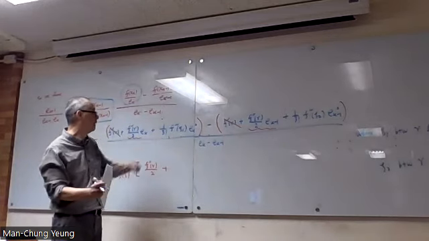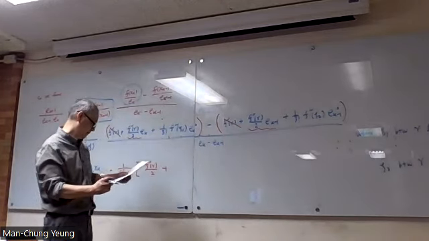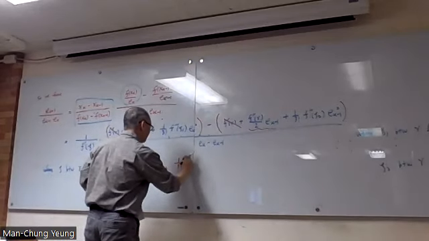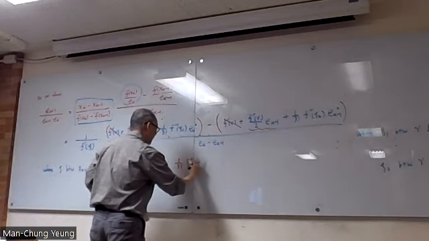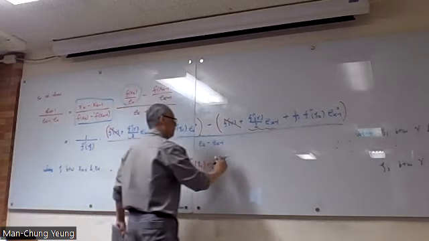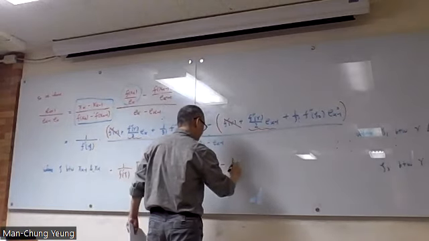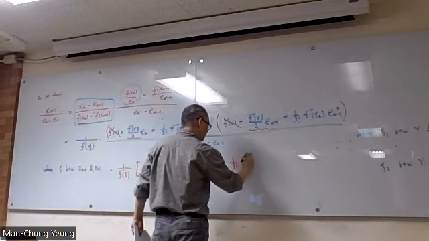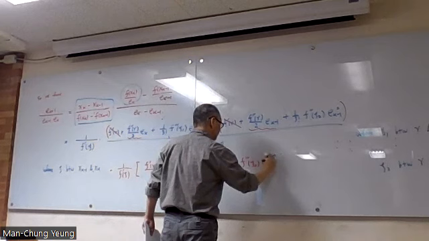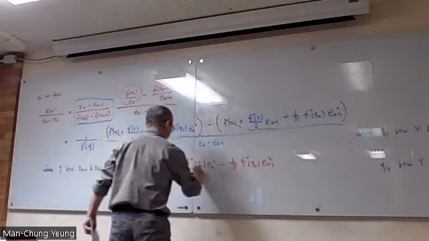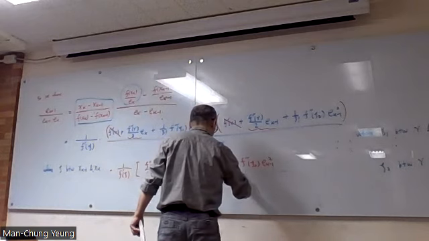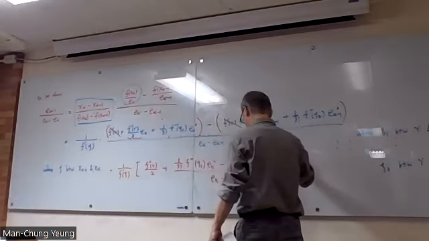Now here the remaining: 1 over 3 factorial f triple prime at xi_1 e_k squared minus 1 over 3 factorial f triple prime at xi_2 e_{k-1} squared, over e_k minus e_{k-1}.